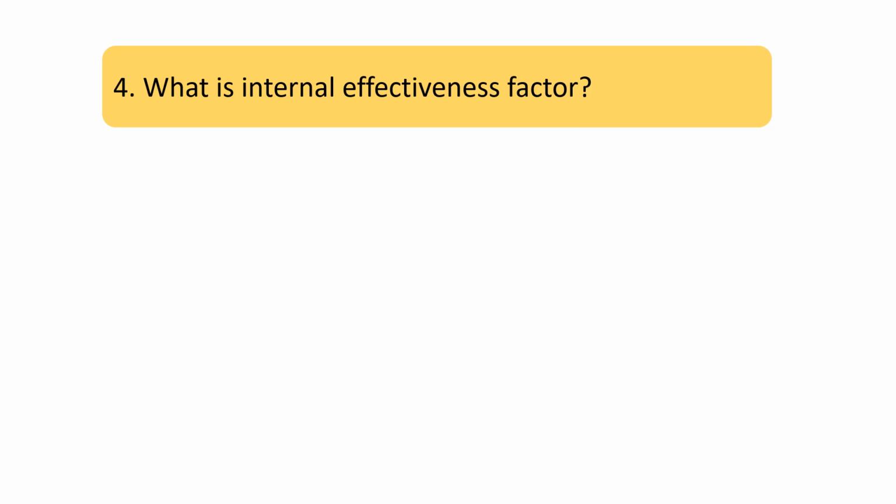So, the definition of internal effectiveness factor is the ratio of observed reaction rate divided by reaction rate without internal gradients.